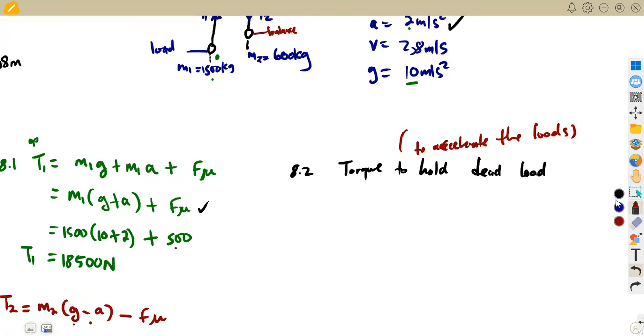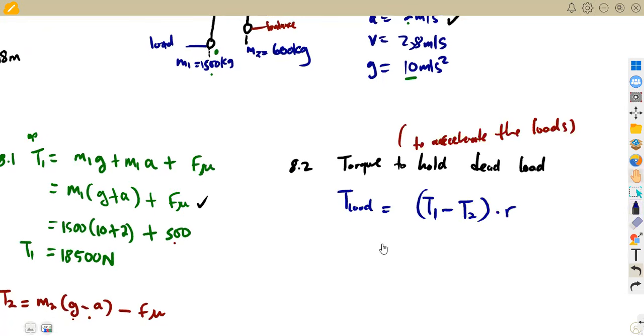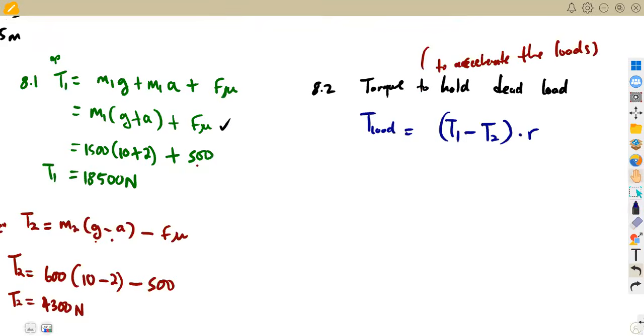So what is the formula? The formula there simply tells us that T load is going to be the difference between the tensions that we got, T1 minus T2, times the radius of the drum. So we have T1 and T2. We calculated these ones, so we are just going to substitute in this case.